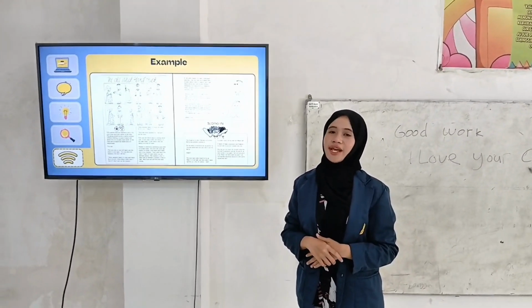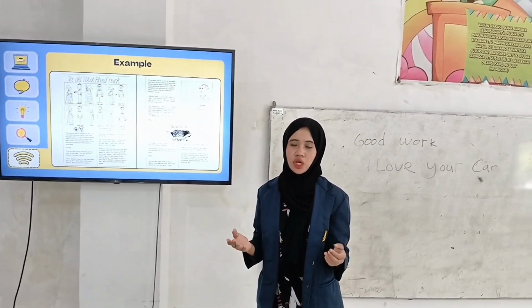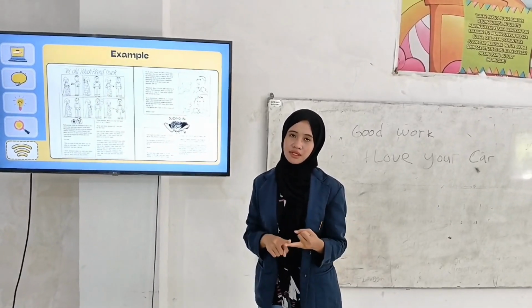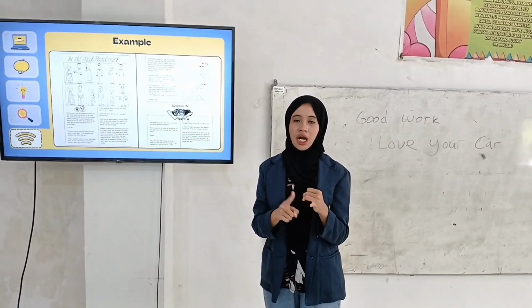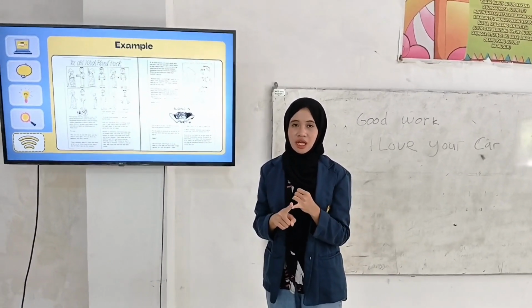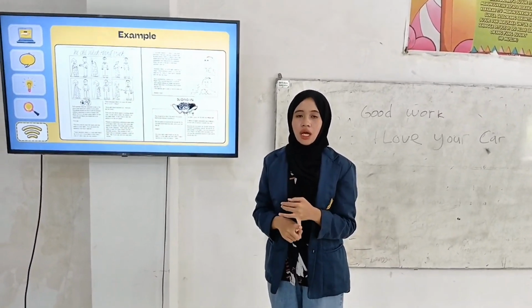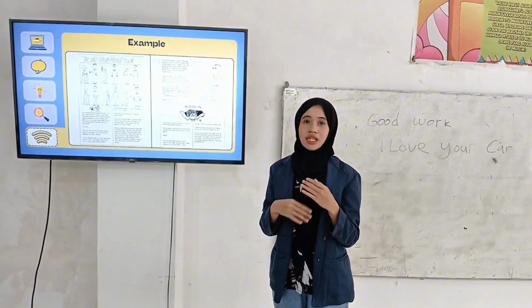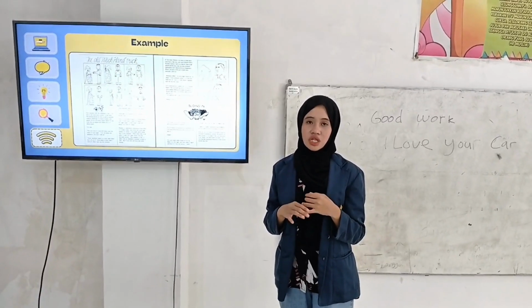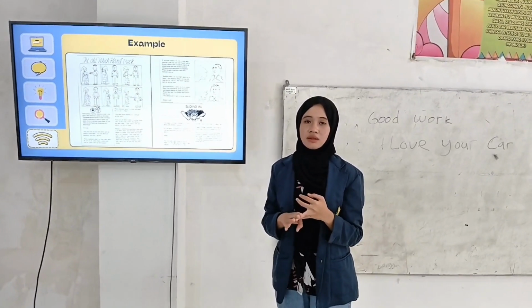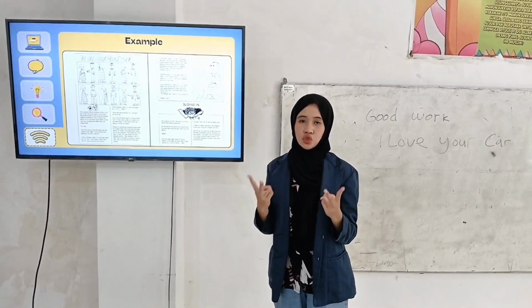Before we go to the example, I want to explain to you about even numbers and odd numbers. Even numbers are integer numbers that can be divided by 2. And odd numbers are integer numbers that cannot be divided by 2.